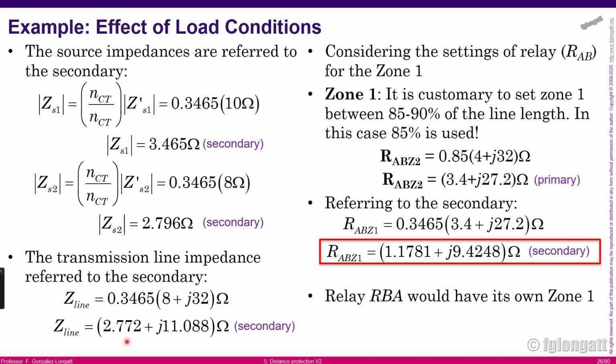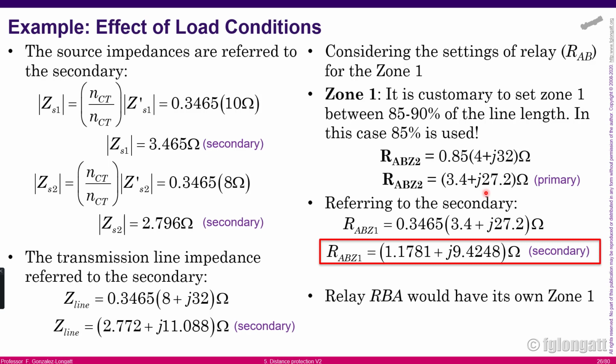Typically, the zone number 1 is between 85 to 90% of the total line length. In this case, we will use 85% of the total impedance. Okay, that means 85% of the total impedance, that is 0.85 multiplied by this number over here, and we obtain the impedance at the primary of this zone.